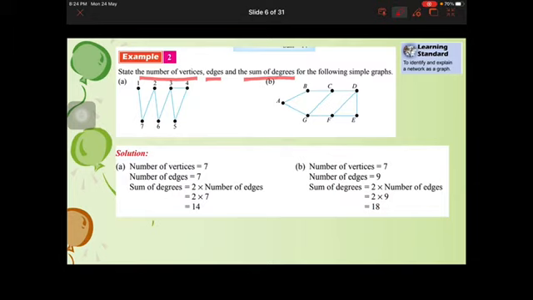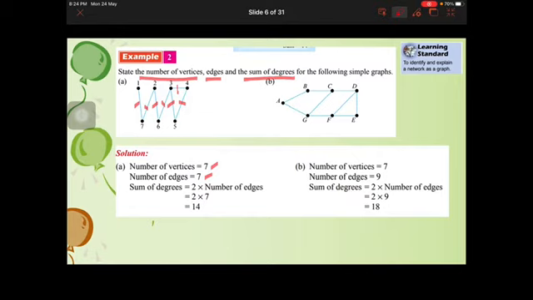We have 7 vertices. Number of edges: 1, 2, 3, 4, 5, 6, 7, so 7. Remember how to find the edges: you just count the straight lines that connect the vertices.